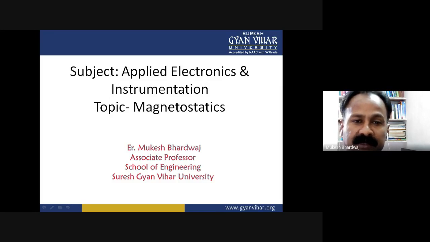Magnetostatics has very wide applications and a very wide role in industrial use and day-to-day use also. So we are starting with magnetostatics.